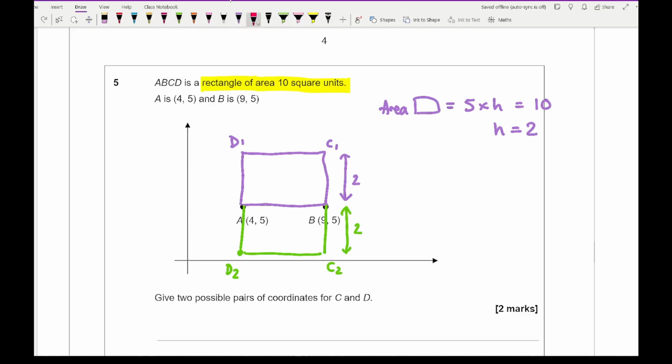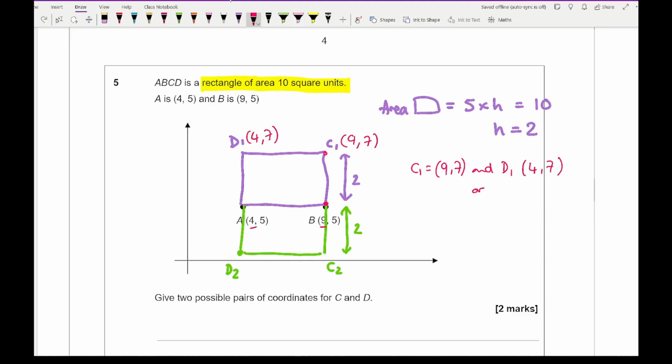Now looking at the coordinates of B, C will have the same x-ordinate as B, so that will also be 9, but the y-ordinate is going to be 2 up, so that's 5 plus 2, which is 7. So C1 is going to equal (9, 7), and D1, which is directly above A, has the same x-ordinate, but again the y-ordinate will be plus 2, so 5 plus 2, which is 7. So D1 would be at (4, 7).